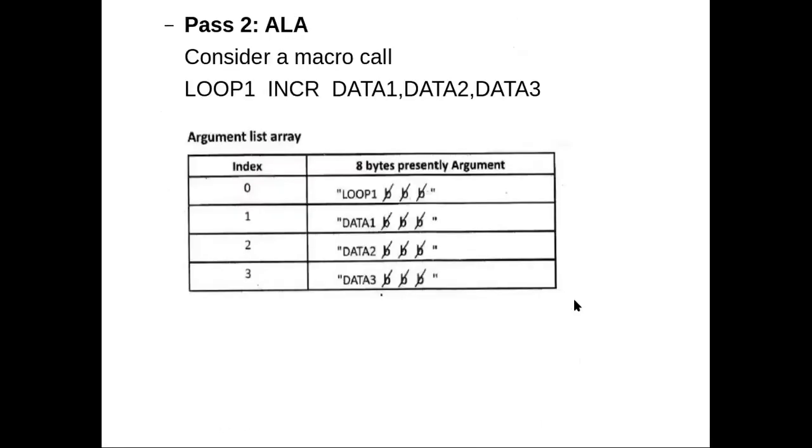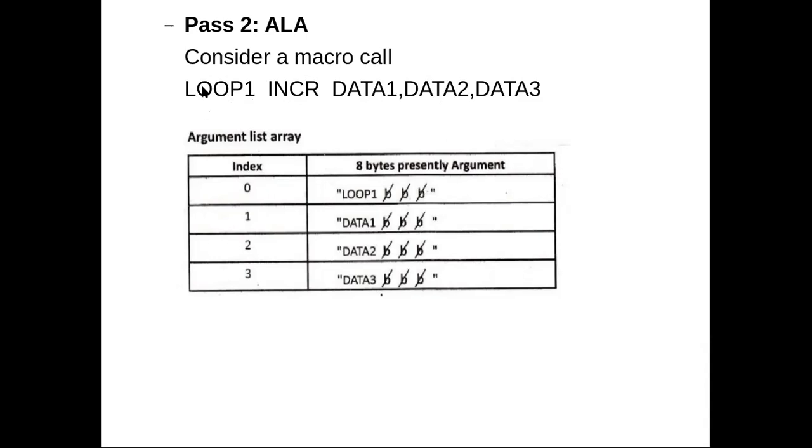Now we'll see the purpose of the ALA in pass 2. Suppose we have a macro call like this. What is a macro call? I have mentioned here: loop 1 incr data 1 data 2 data 3. So INCR is the name of the macro, and the real arguments we are passing here are data 1, data 2, data 3, and the real label we are passing is loop 1.